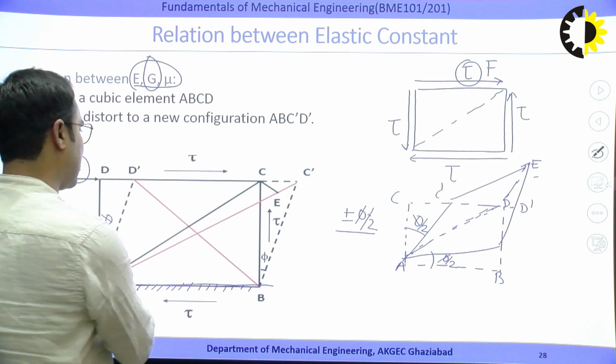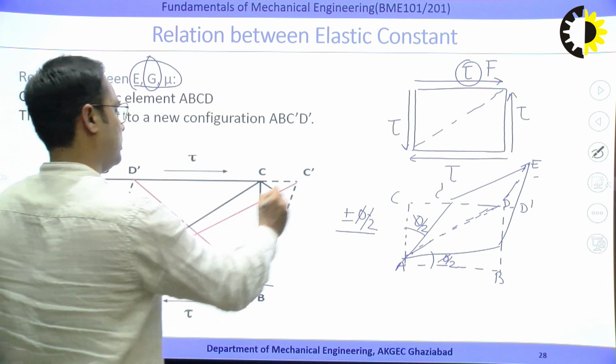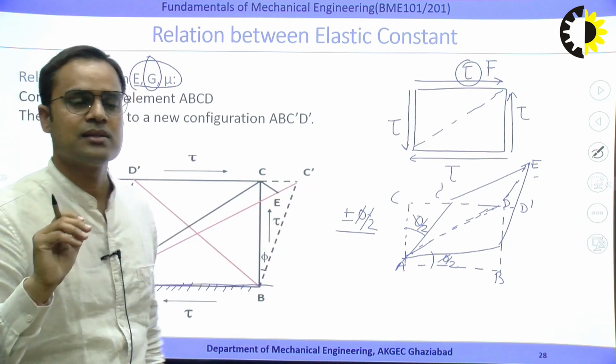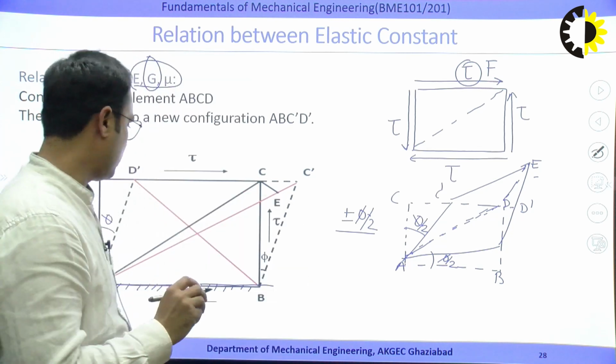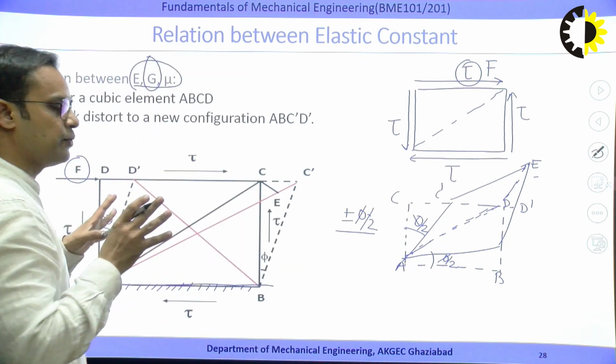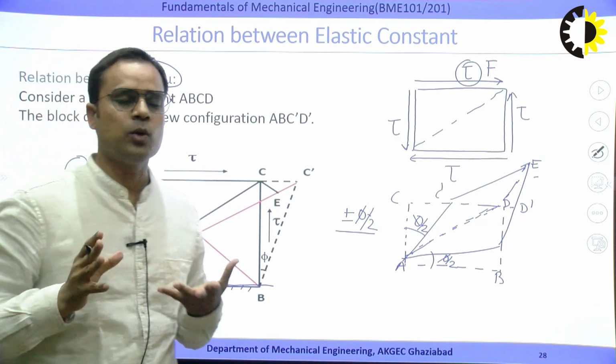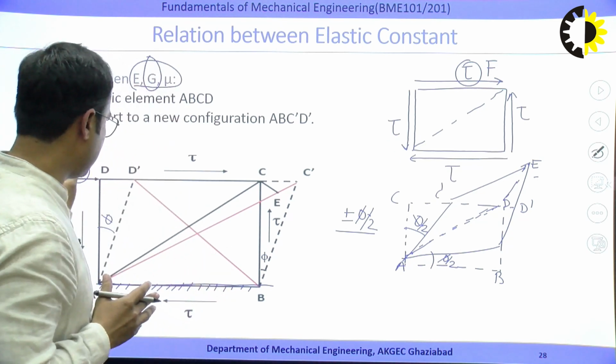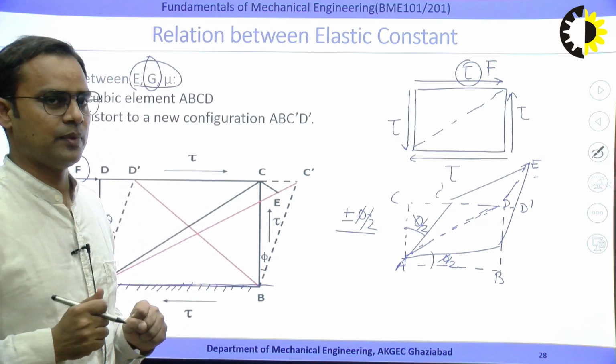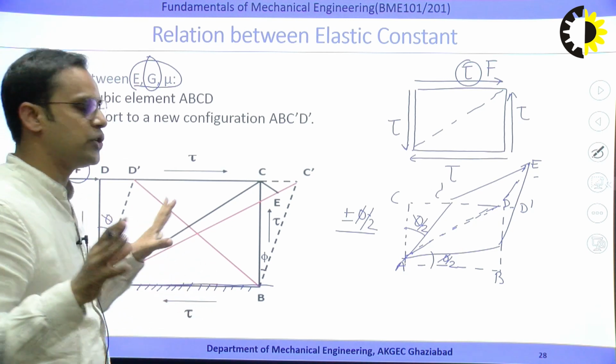Initially the diagonal is AC, and the final position of the diagonal becomes AC dash. So we are fixing the lower face of the block and we will get angular deformation like this. Okay? And we can also visualize here.